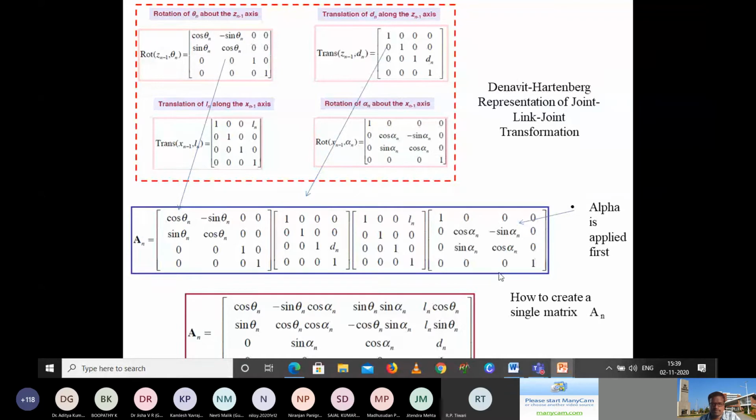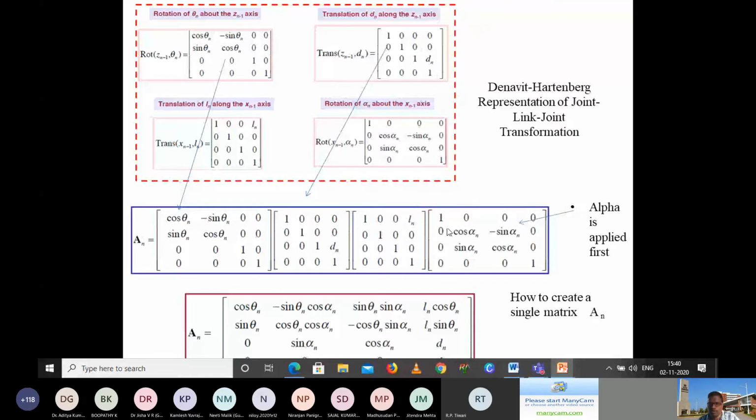Once you have done this, you multiply this matrix with this, and then this matrix with the final answer of these two, and you will get the final answer like this. You have to multiply from right to left. This matrix multiplied with this gives you a 4 by 4 matrix. Then this matrix should be multiplied with the combination of these two matrices, and then this matrix with the combination of these three.